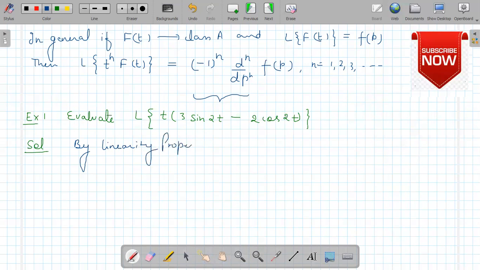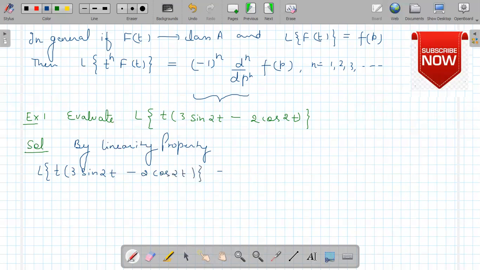So that we can write this as Laplace transform of t(3 sin 2t minus 2 cos 2t).